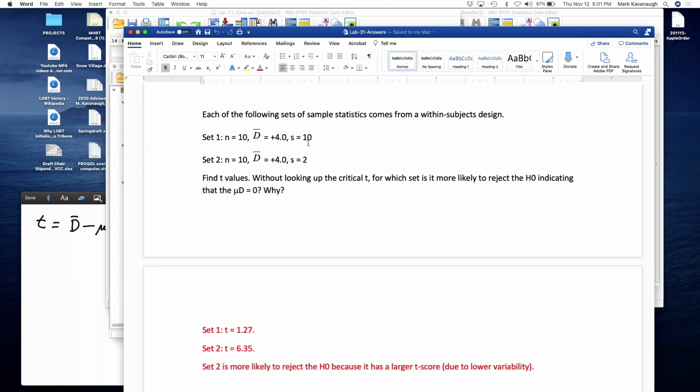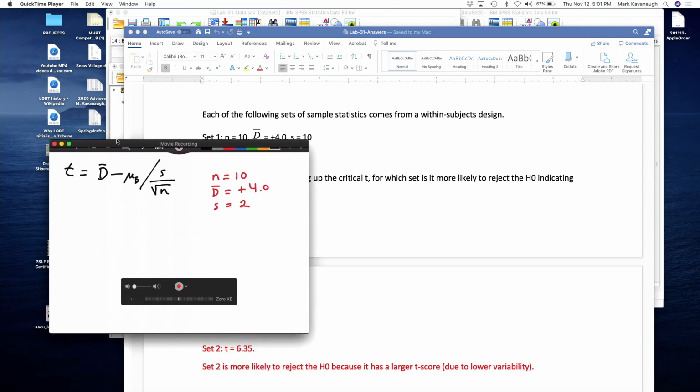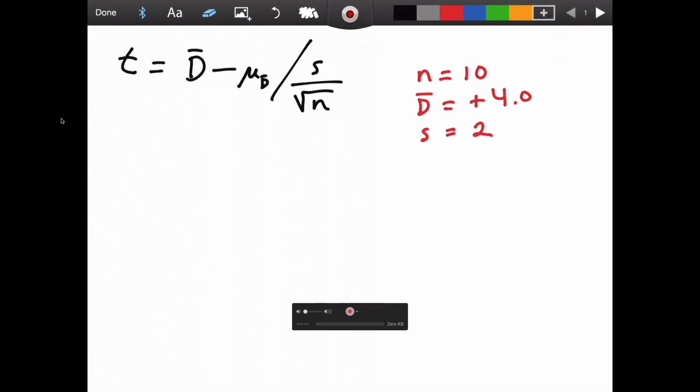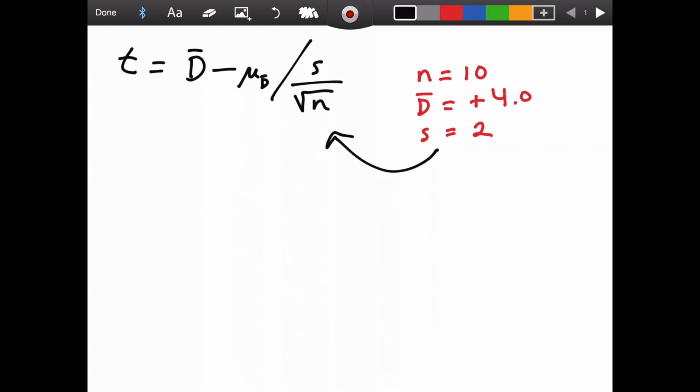So if we were going to actually compute the t values, we can do that by hand. And to demonstrate that, I'm going to use my handy dandy little iPad. So here we are with the first equation, and we have n is 10 plus the degrees. The average difference is 4.0, and the standard deviation is 2. So we would substitute these into that equation.